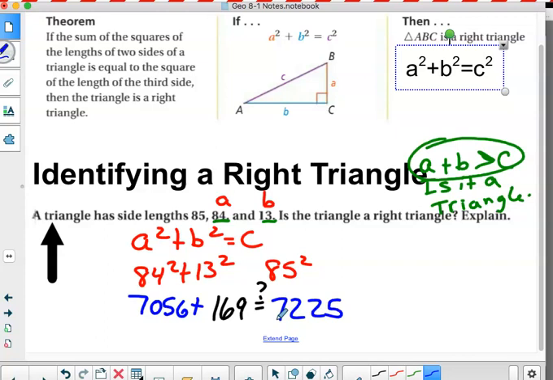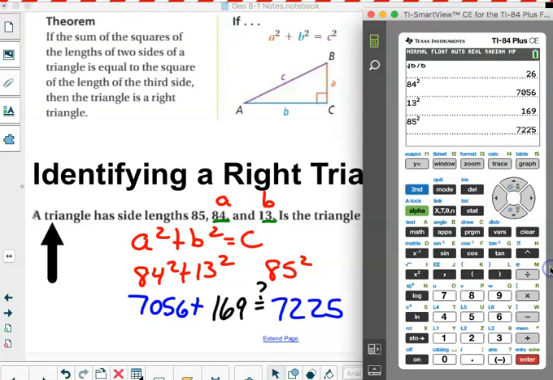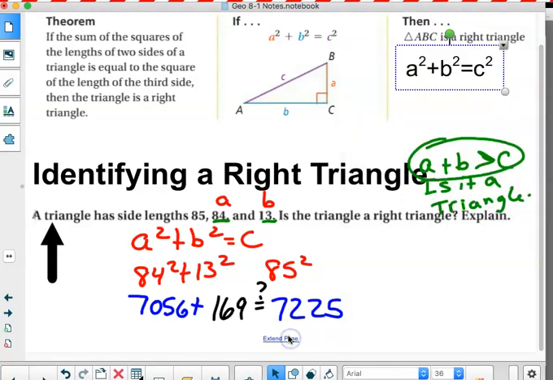So we have these values. If I take 7056 plus 169, that equals 7225. Crazy!